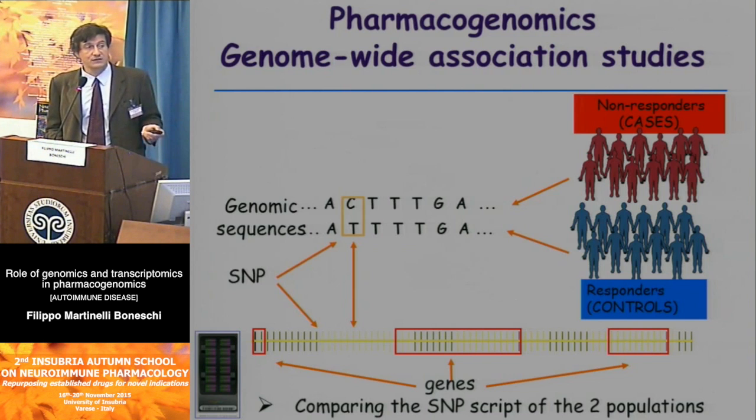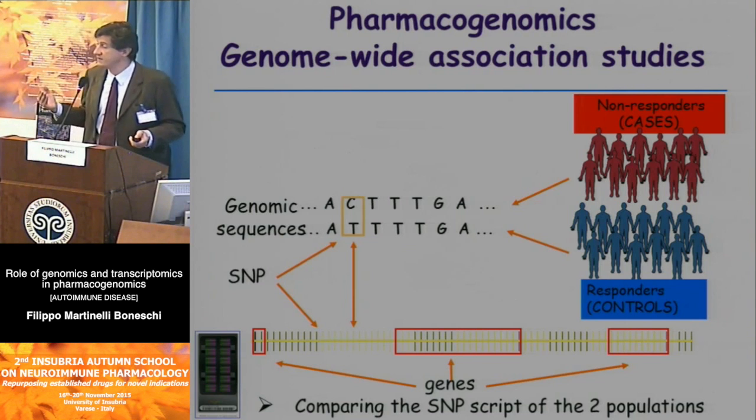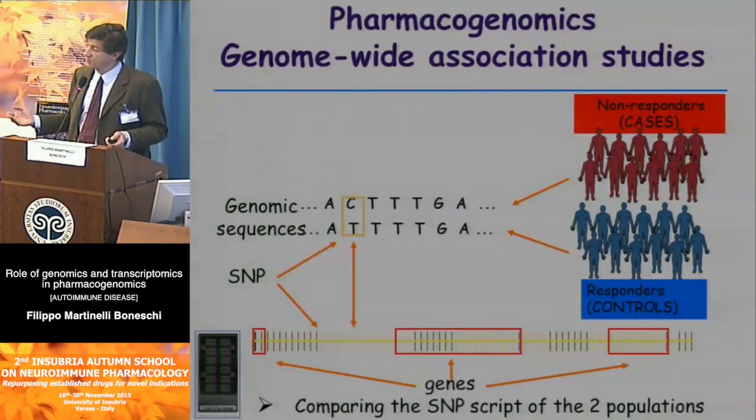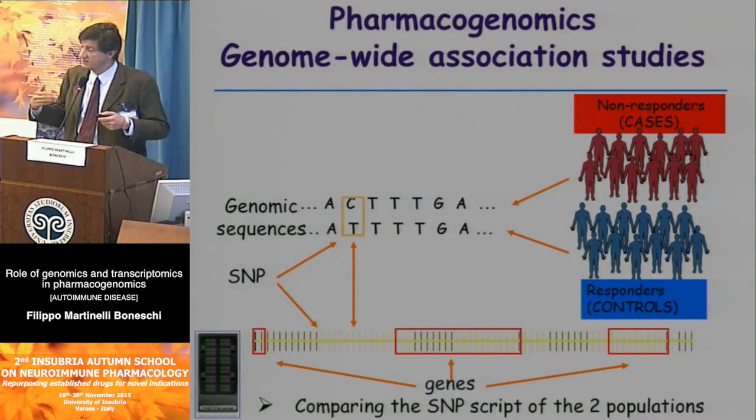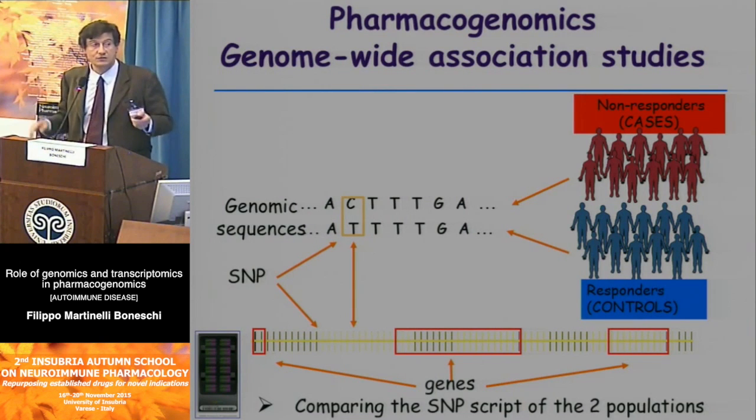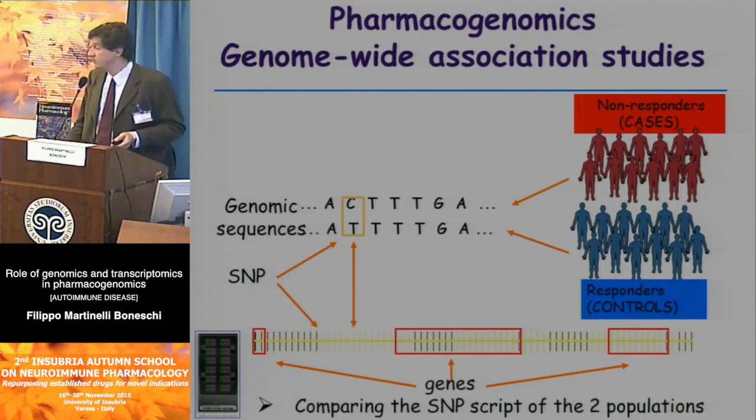So you have to imagine that we know that there are several single nucleotide polymorphisms throughout the genome. So we are very similar, but we are also different. And most of the difference between individuals is based on single nucleotide polymorphisms.